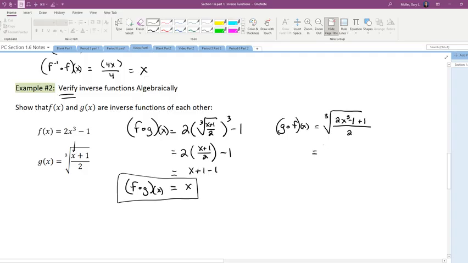And we clean it up. My 1's cancel. My 2's cancel. And the cube root cancels out the cube, and I'm left with x. So yes, these two functions, f and g, are inverses of each other. One undoes the other.